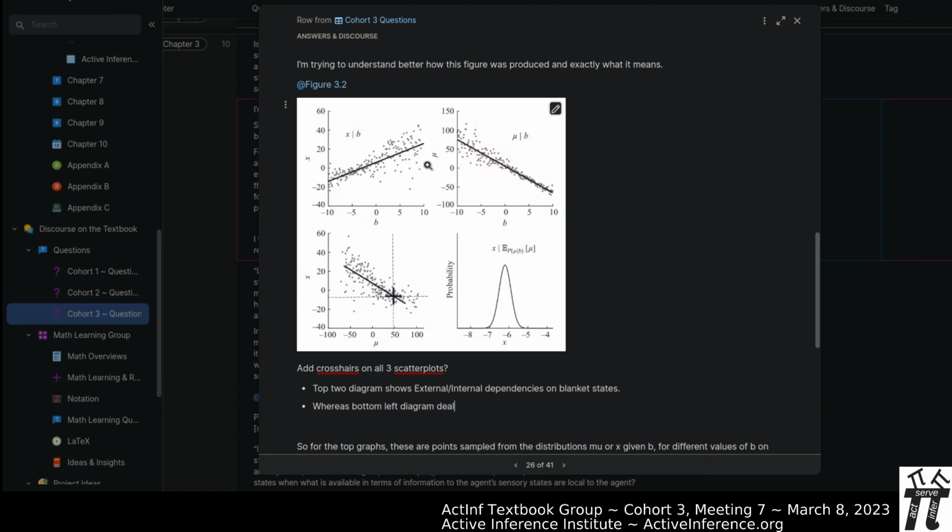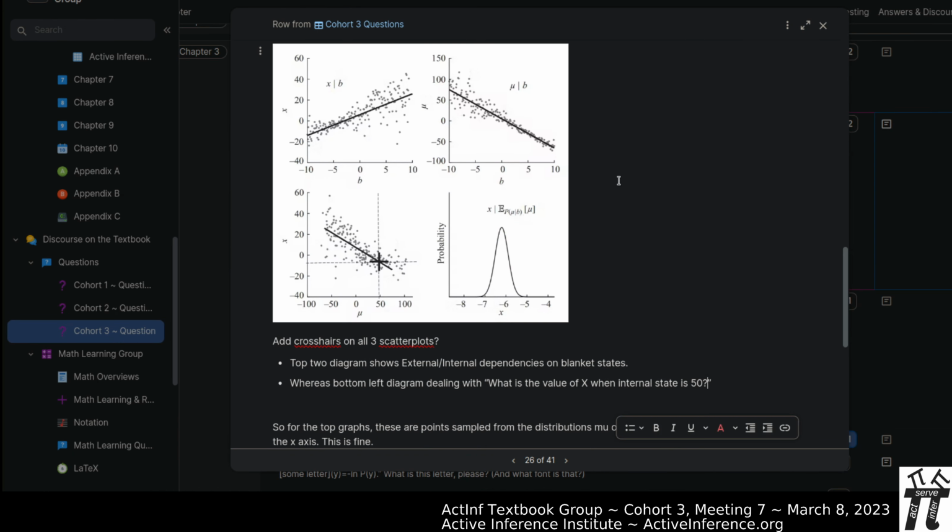So for instance, what exactly is the value of x when the internal state is, say, 50? I don't know if it makes sense to add those crosshairs into the top two diagrams, given that they just show the statistical shape of the blanket states with respect to external states and the internal states.